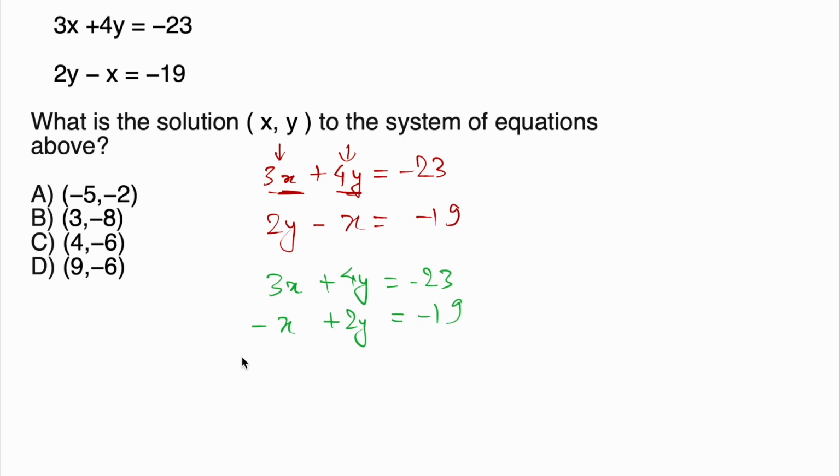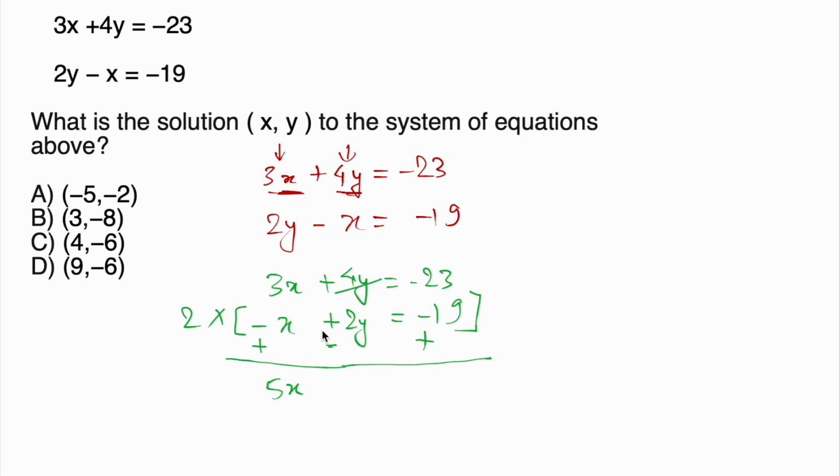So if we just multiply this whole section by 2 and then subtract, which will just change the signs here, and this will be plus. So this will be 3 plus 2, 2x is equal to 5x.